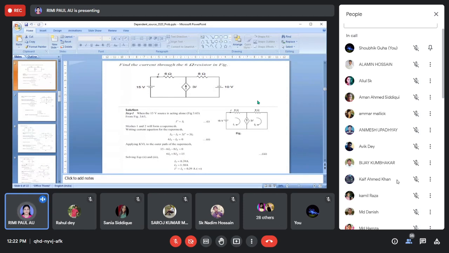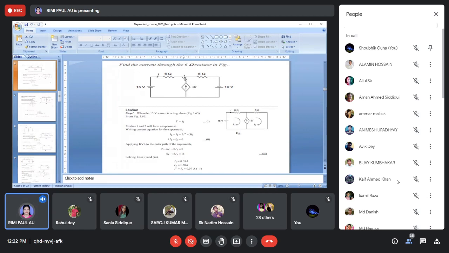What I am saying here, you can see a 15-volt independent source and a 10-volt independent source, but a current source is present within these two loops, right? So what I have told, that when one current source is common to both loops, then this is a super mesh problem.